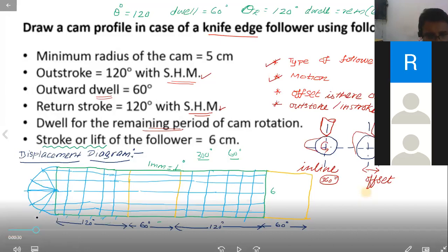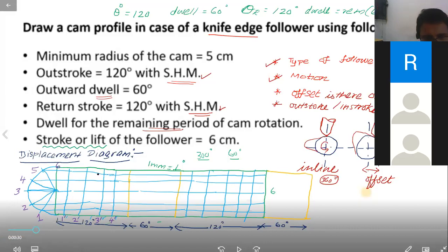Here 1, 2, 3, 4, 5, 6. This numbering will be easy. You can do the numbering as you like, but I think this numbering will be better. 1 dash, 2 dash, 3 dash, 4 dash.